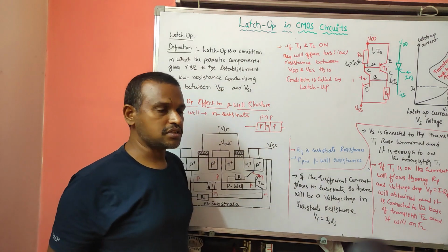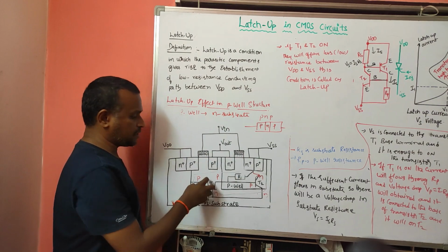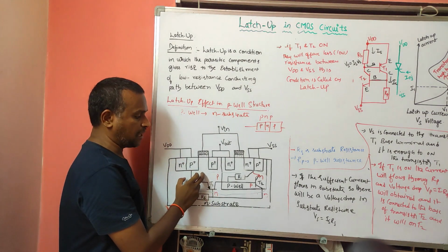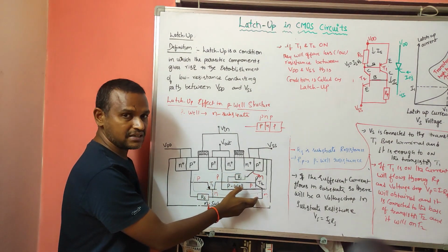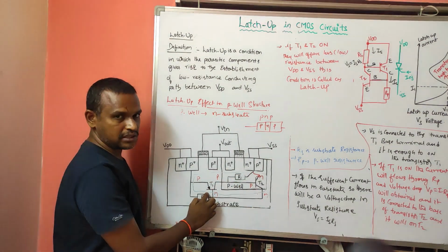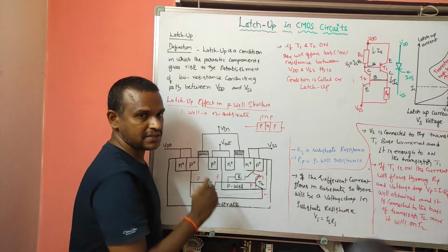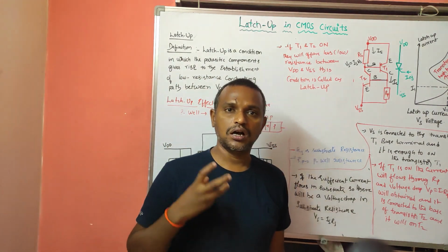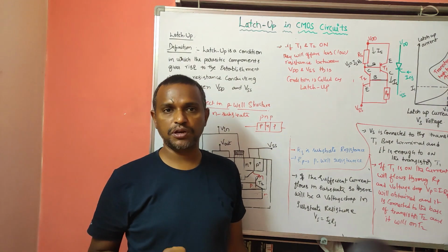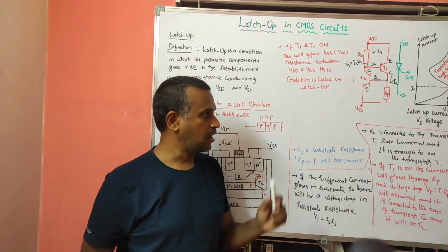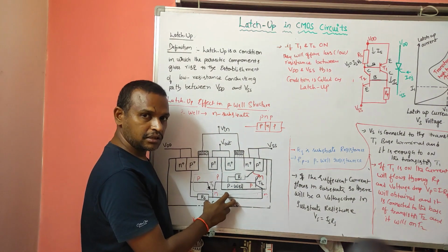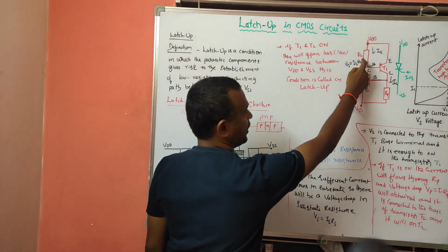Okay. So like this, whatever parasitic elements are formed in this P-well structure, that is the PNP transistor and NPN transistor, with the source substrate resistance and P-well resistance, there will be a formation of a low resistance path between VDD and VSS, like what I have explained here. For a sufficient current, more voltage drop will be obtained at RS.